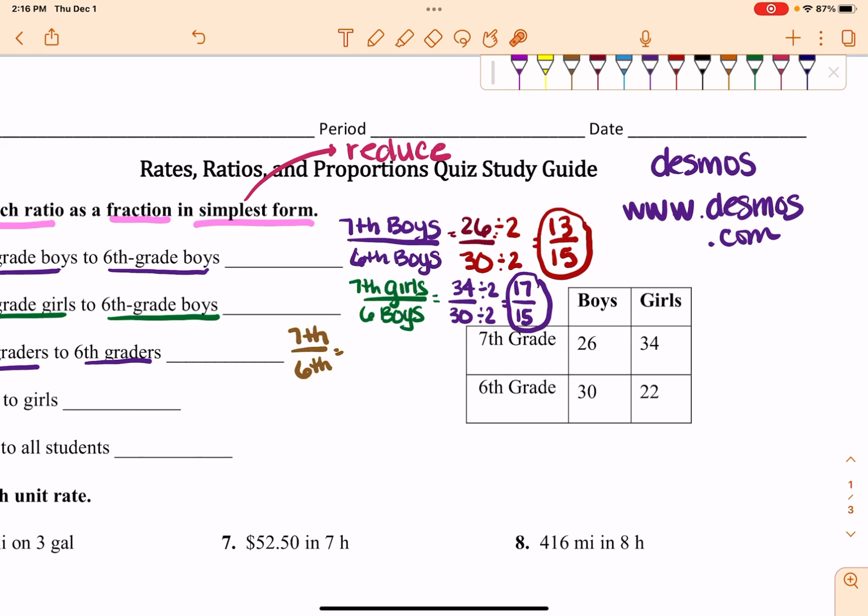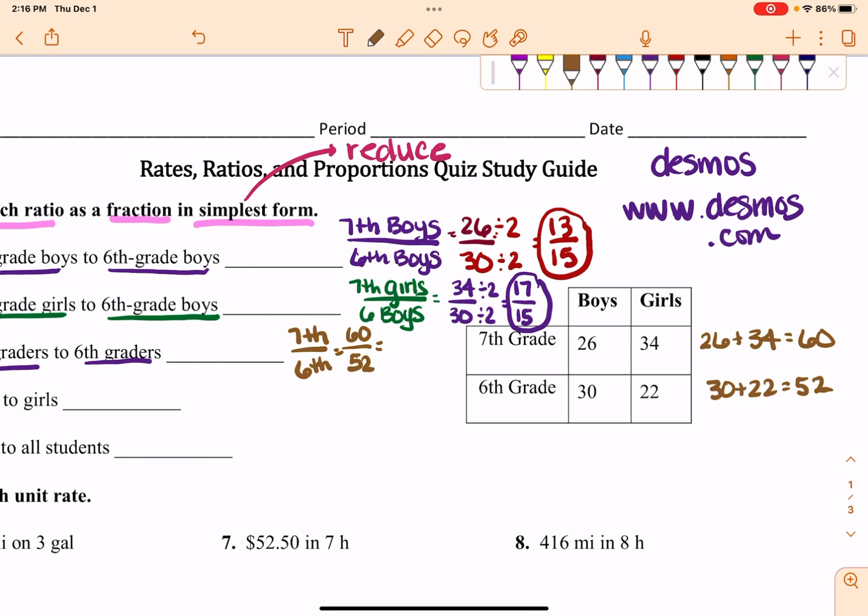These are all 7th graders, so if I take these two and add them together, that gives me my total for how many are in that grade altogether. That means there's going to be 60 altogether in 7th grade. There's your top number. And on the bottom, to get your total for 6th graders, you add both these together. So 30 plus 22 is 52, and that goes in the bottom here.